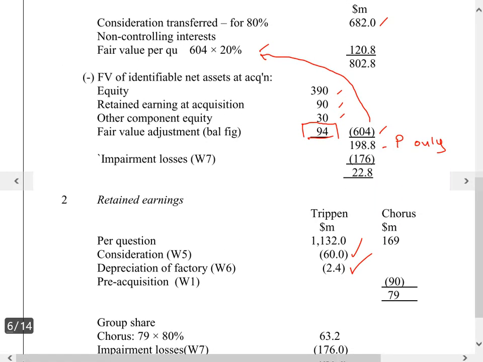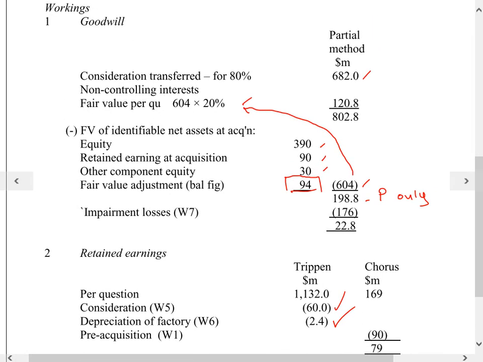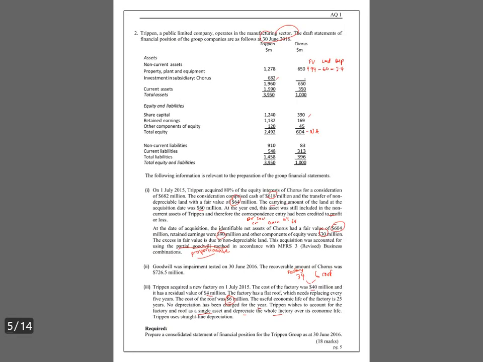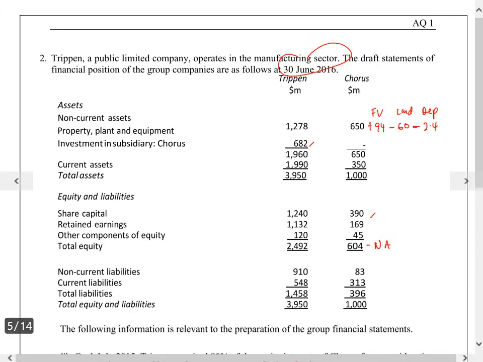This goodwill belongs only to the parent. How many percent is the parent here? 80. This is the subsidiary, and we are taking 604 plus 94 plus goodwill.